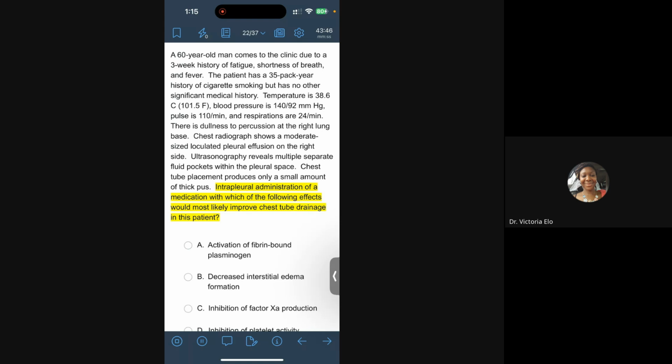So what we need to do is improve the drainage through the chest tube. To improve the drainage, we need to convert the pus from thick to thin, right? And how can we convert the pus from thick to thin?